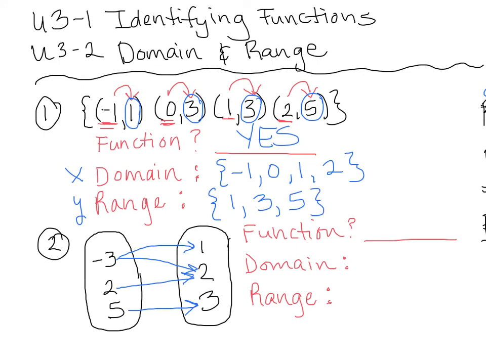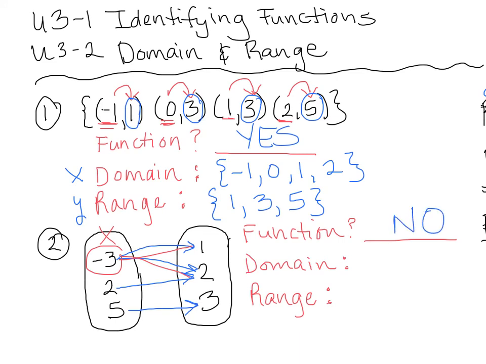Let's look at number 2. Do you see an x value that has more than one y value? Then it's not a function. Notice how in your x's here on the left, this -3 is paired with 2 y values. That piece right there makes this not a function.